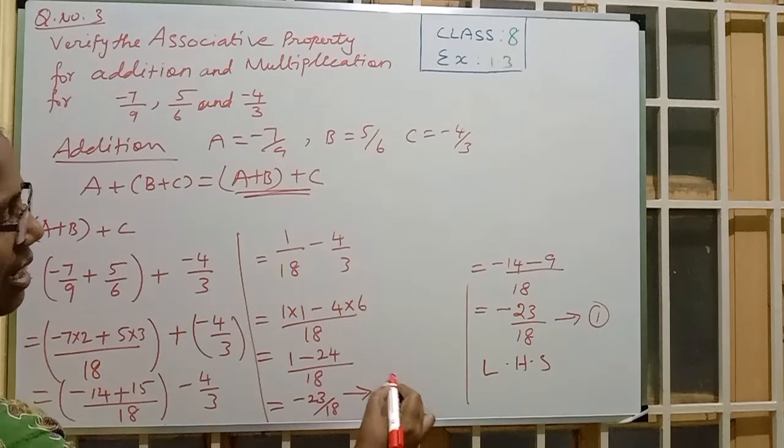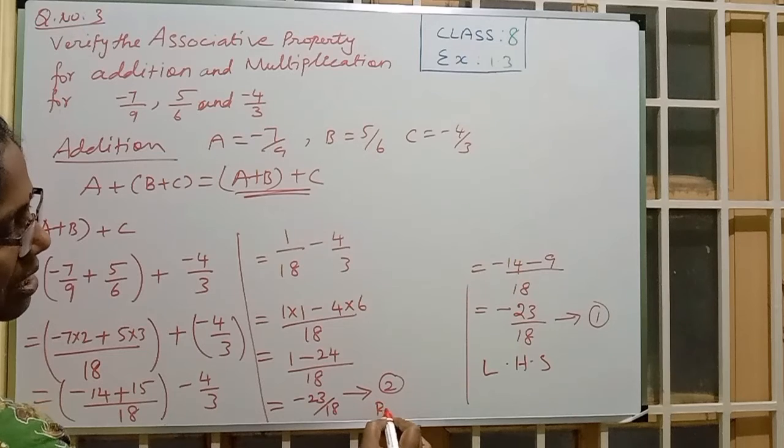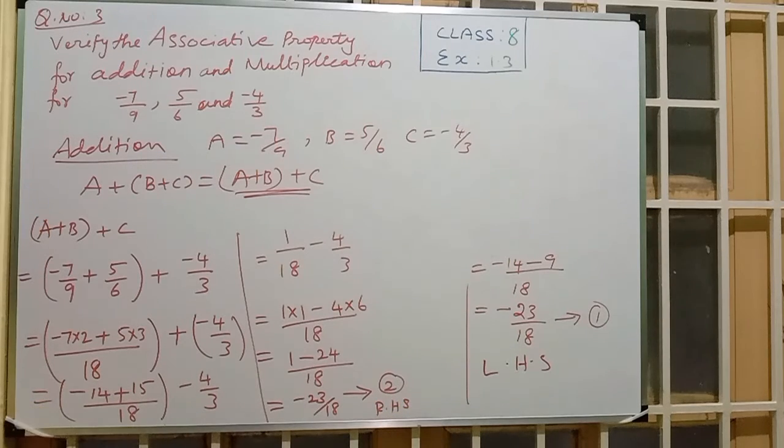This is considered number 2, that is RHS. Now we need to compare both results. LHS is minus 23 by 18 and we also got RHS minus 23 by 18. According to this result, it satisfies the associative property for addition.